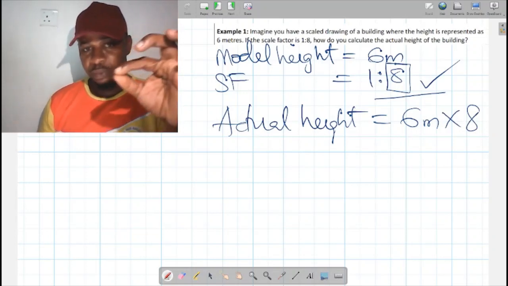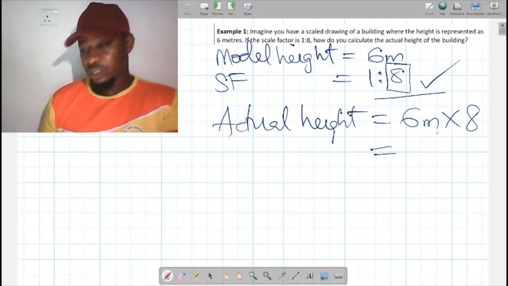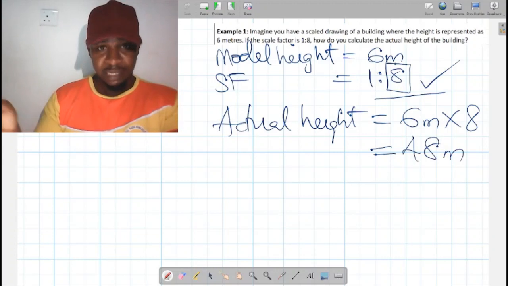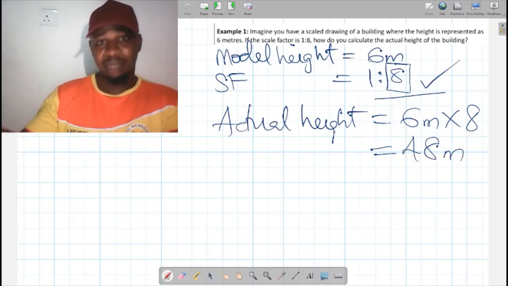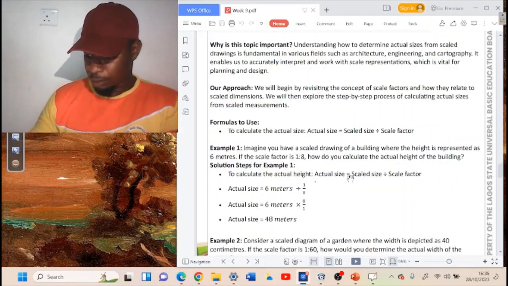It's either you go with this approach or you go with the approach on the plan, but stick with one so you do not get confused. I love this approach. 6 meters times 8 is 48 meters. So that means that if the model height on paper is 6 meters and the real height is supposed to be 8 times larger, then the real height has to be 6 times 8, and that is 48 meters. Let's check if we're correct, and I'm very sure that we are. Yes, of course, we are.